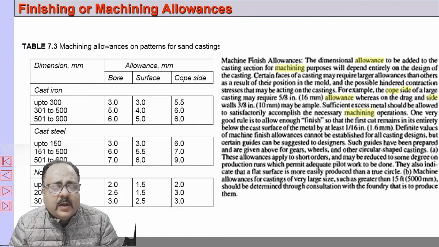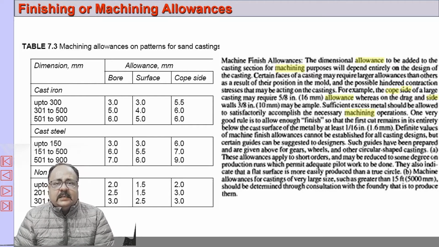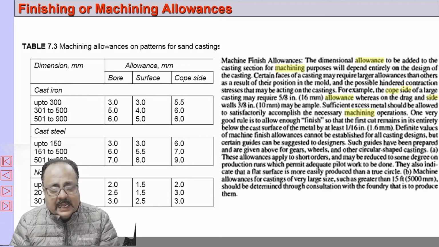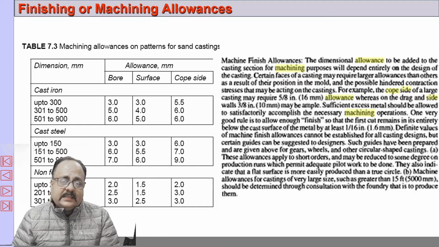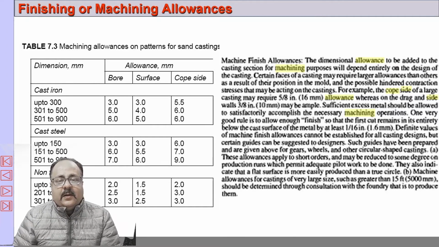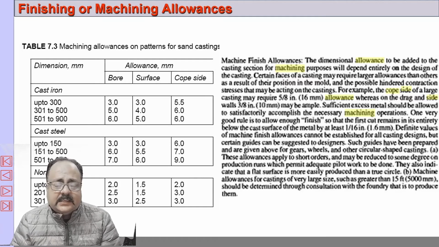One thing you should remember in machining allowance is that when you pour the molten metal, it will flow into the mold, and impurities will always be there. No matter how much you try, there will be certain impurities like slag, which are lighter, which will float, and which will be there on the top surface of the casting.